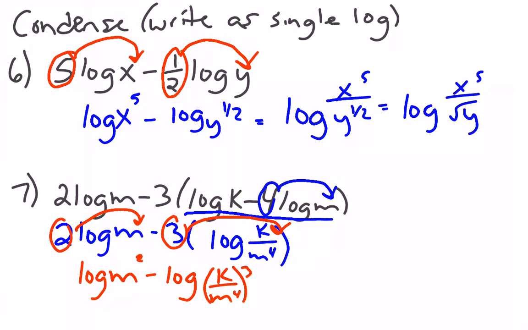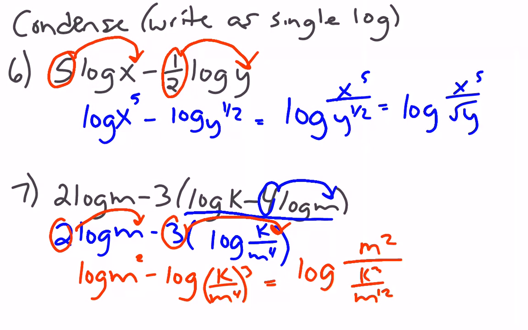And the last piece is to rewrite that with some division. So log of m squared, ew, we're getting such a big fraction. We're definitely going to need to clean this up. Over, I'm going to distribute that. So we're going to have k cubed over m to the 12th.